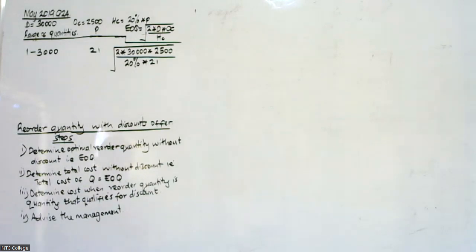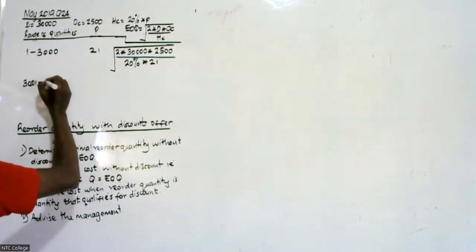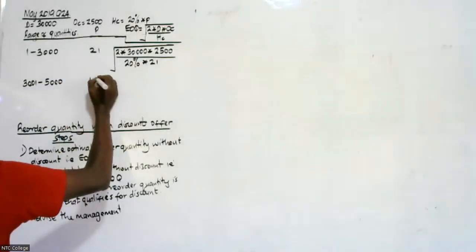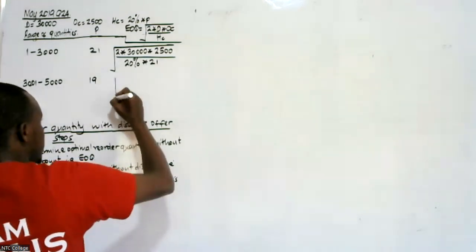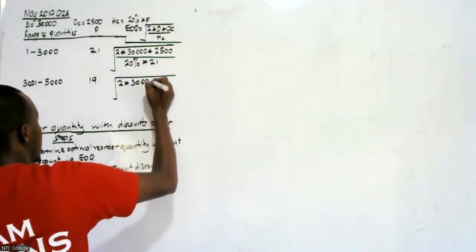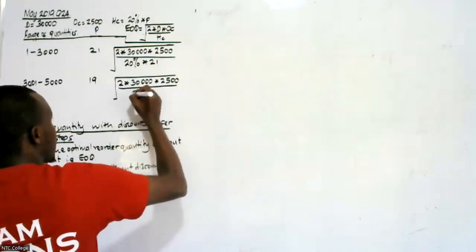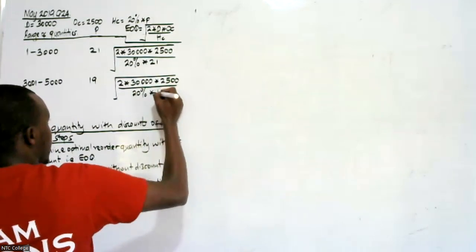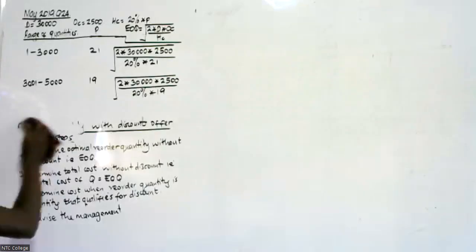Give me the EOQ. Then 3,001 to 5,000, the price of 19. Two times 30,000 times 2,500. So you're going to get the EOQ for each range, yeah?